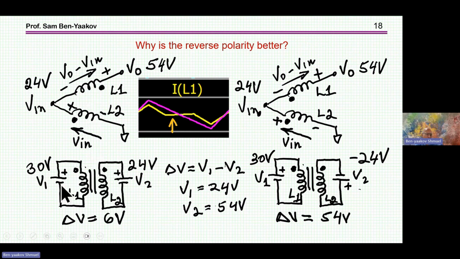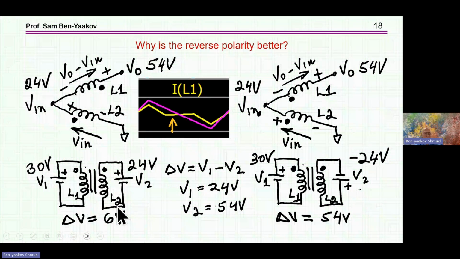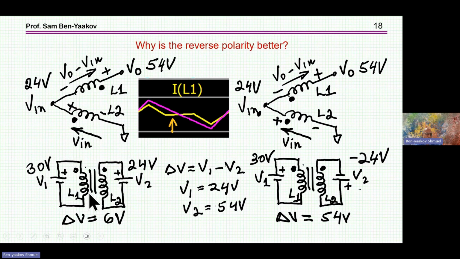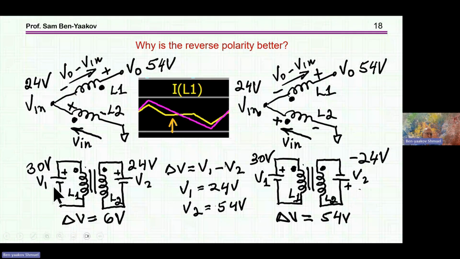And I can represent it as a transformer. Well, this is not an optimum transformer. It's an inductor. It has a lot of inductance, but it is operating as a transformer also. So what we see here is a transformer that on the one side has 30 volt. This is this difference here. On the other side it has 24 volt.